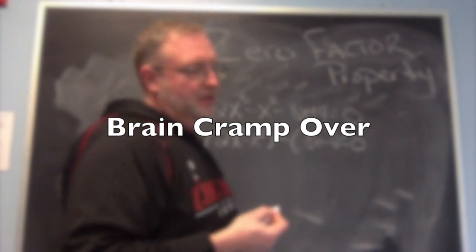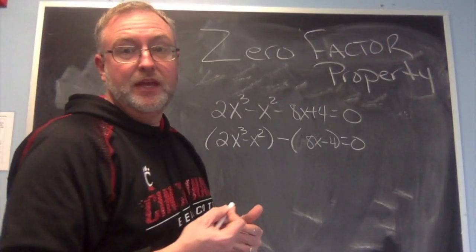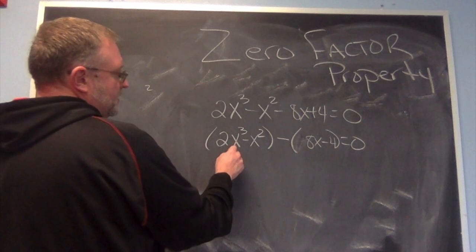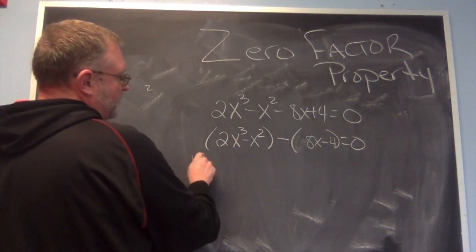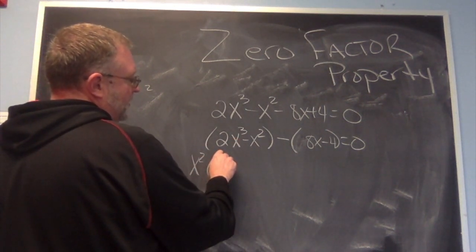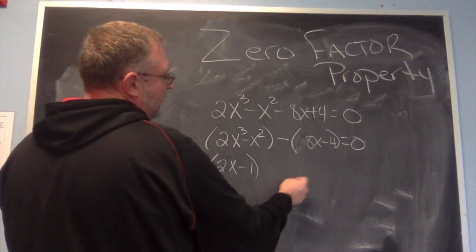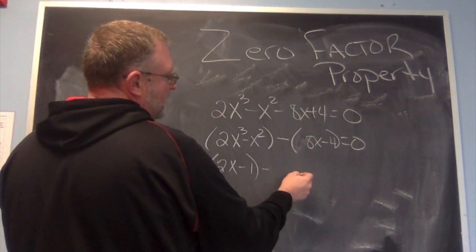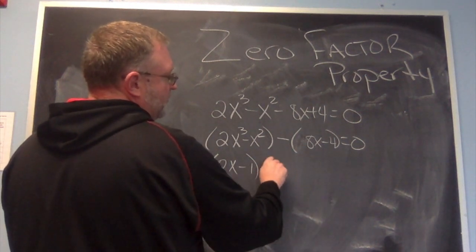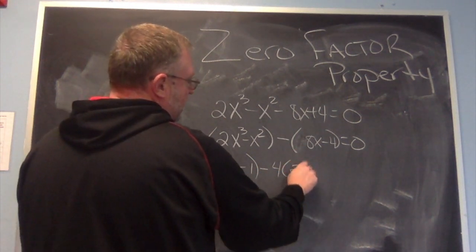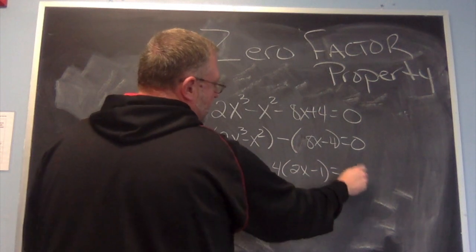And so we factor this out, and then what we want to do is factor out the x squared, which leaves me with 2x minus 1. And then over here, I have my negative sign, I'm going to factor out 4, which will give me 2x minus 1.